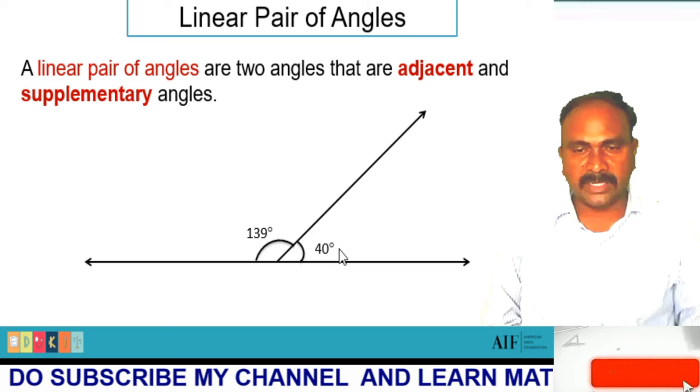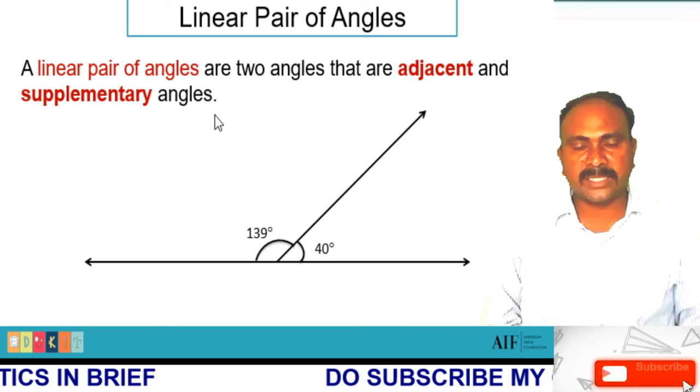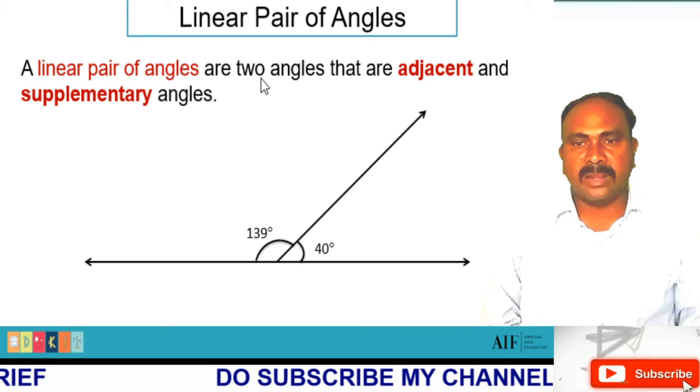Here this angle should be 41 degrees. 139 plus 41 degrees. Then these are supplementary angles. So two angles that are adjacent and supplementary form a pair called a linear pair of angles.